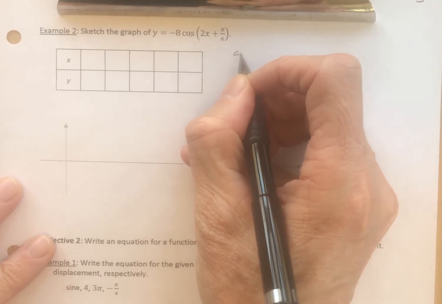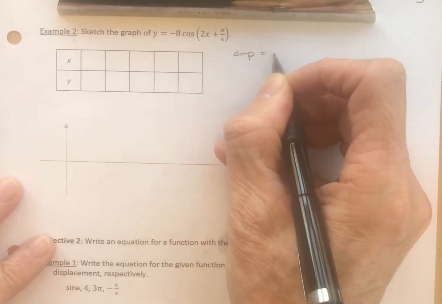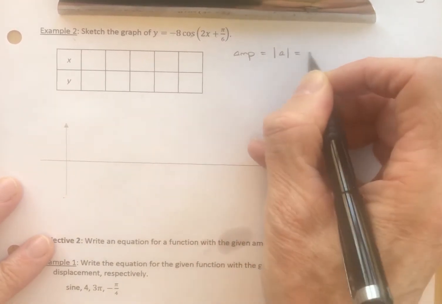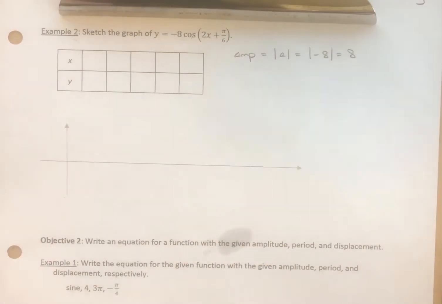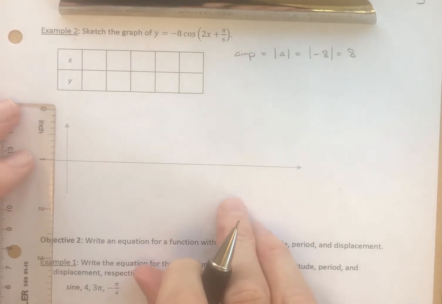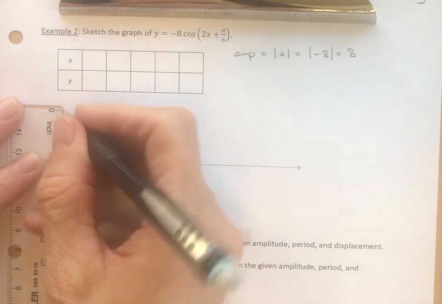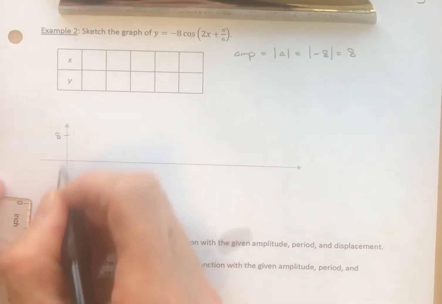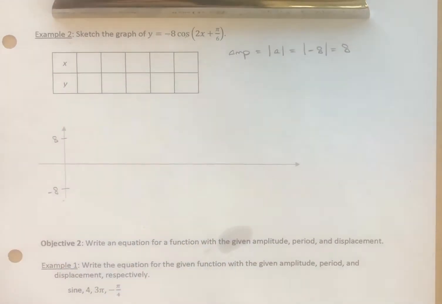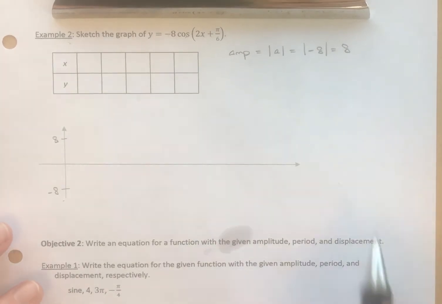The amplitude is equal to the absolute value of A, which is the absolute value of -8, which is 8. I'll go on to my graph, and this time I'm going to call one mark above and below 8 and -8. I just changed the scale of my y-axis.